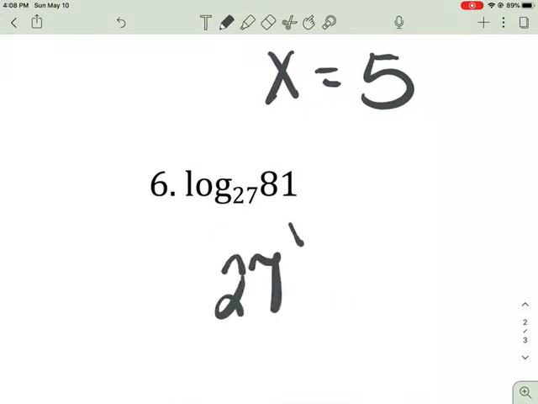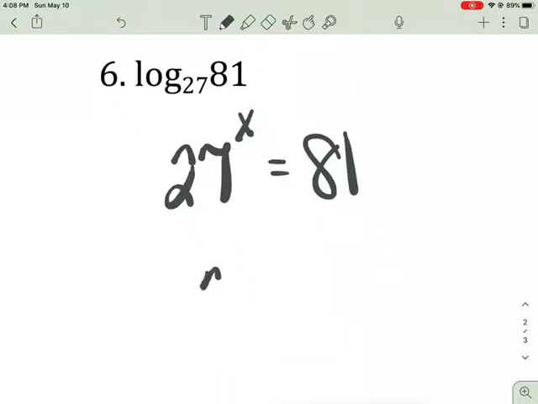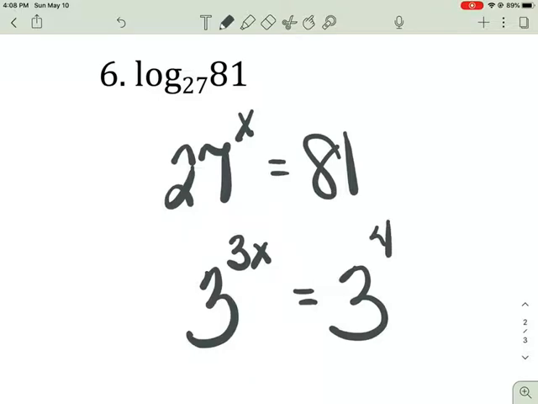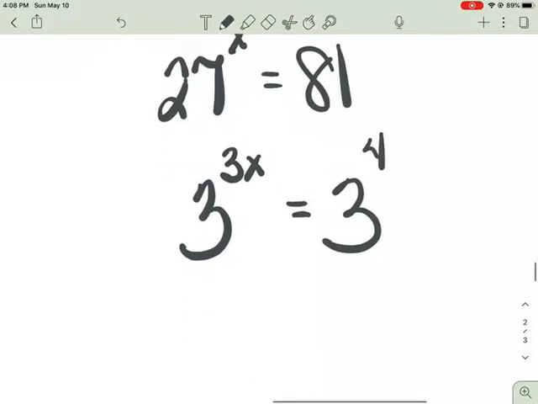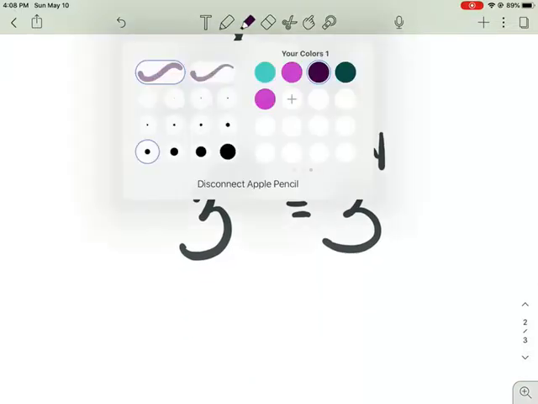There we go. Okay, so 27 to some power is equal to 81. I don't know the relationship with this, but I do know that both of these are powers of 3. So I can change this to 3 to the 3x equals 3 to the 4th.